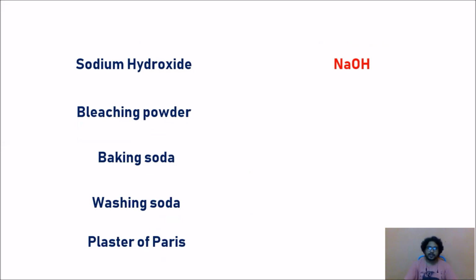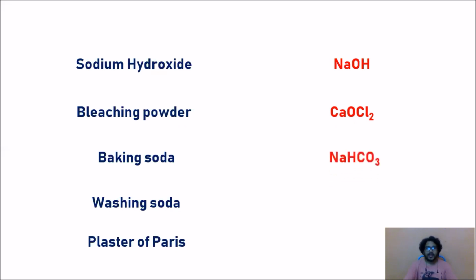NaOH, that is sodium hydroxide. CaOCl2. It is calcium oxychloride or calcium hypochloride. In few videos, few lectures, few materials, you can get calcium oxychloride. In few materials, you can get calcium hypochloride. Both are correct.